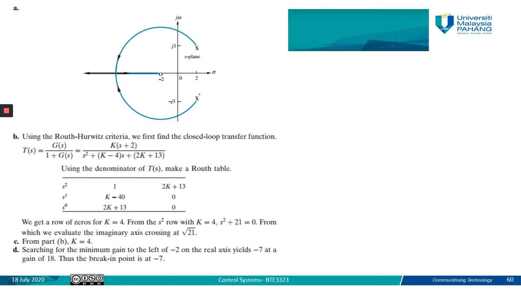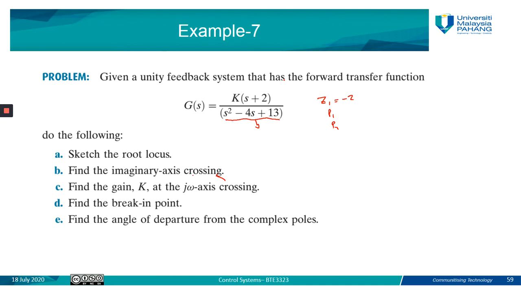We have two complex poles, 1 and 2, and we can find these poles either by using a calculator to find the roots of this equation, or by using the formula -b plus minus the square root of b squared minus 4ac, over 2a.